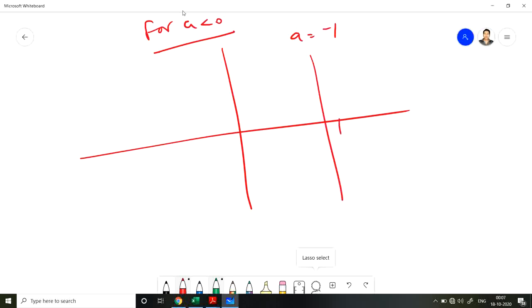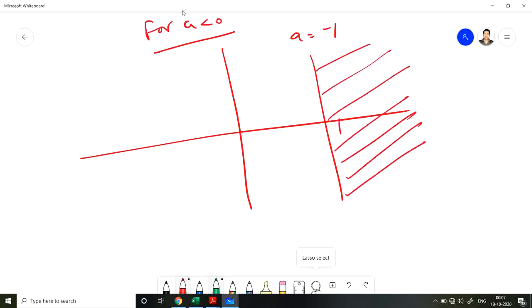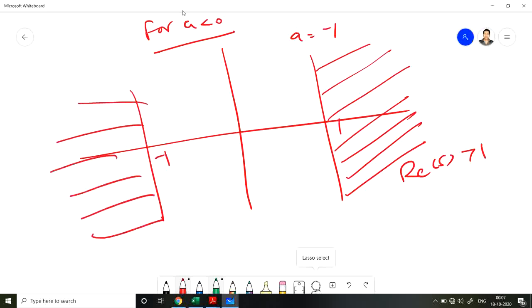So 1 is here, and real part of s is greater than 1. And second is real part of s less than minus 1. So minus 1 is here, so less than minus 1 is here.